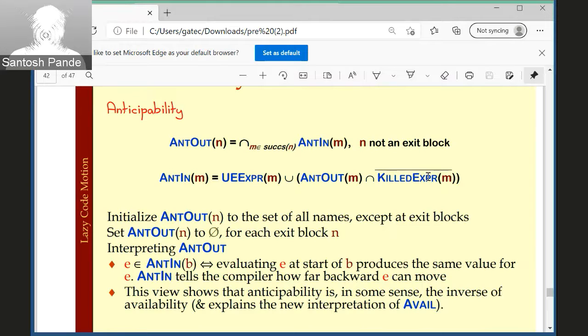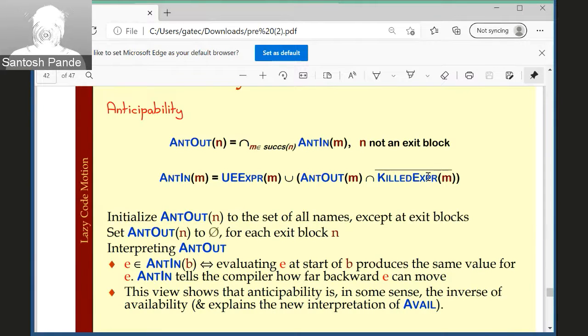Anticipatability tells us that no matter which way we go, we will meet an evaluation point of x plus y before we meet any redefinition of the operands, or we terminate the program. Which basically means that on every path there is an evaluation of x plus y that we meet. So that is captured very simply in a backward analysis, just similar to the very busy expressions.